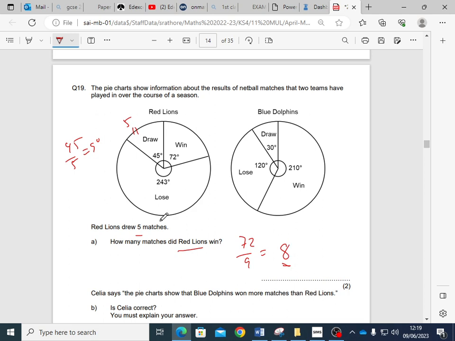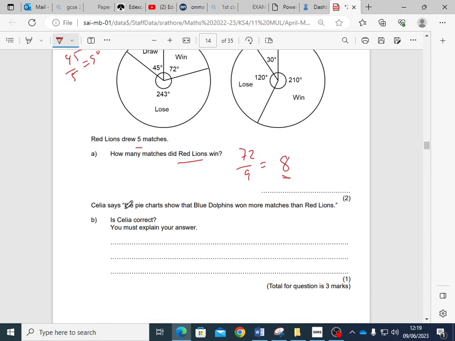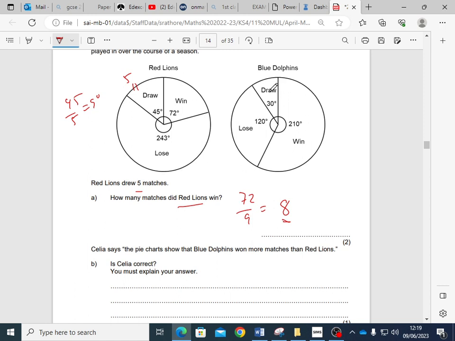Okay. So next one. Celia says the pie chart shows that Blue Dolphins won more matches than Red Lions. Now, is that correct? We can't tell. Don't say yes. Is Celia correct?